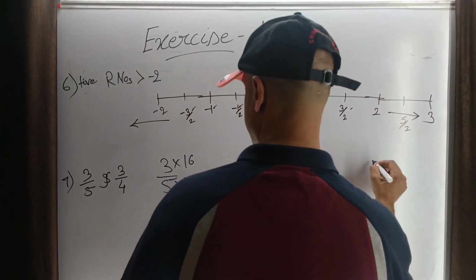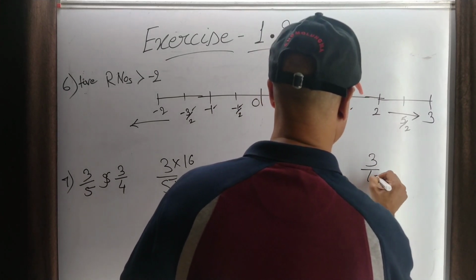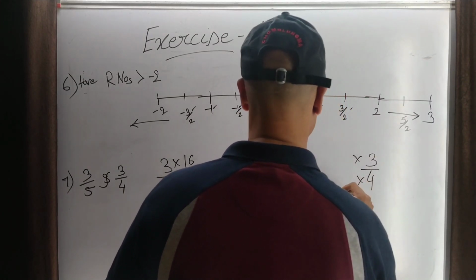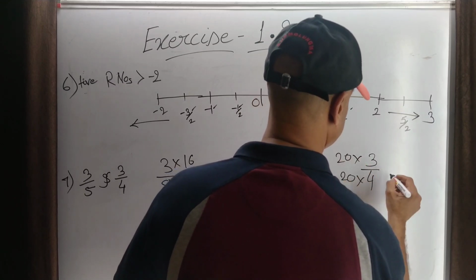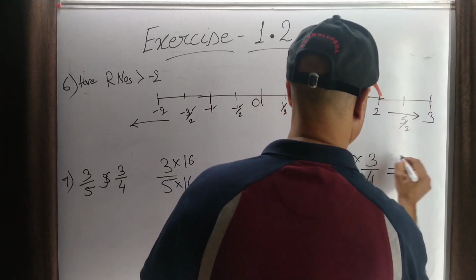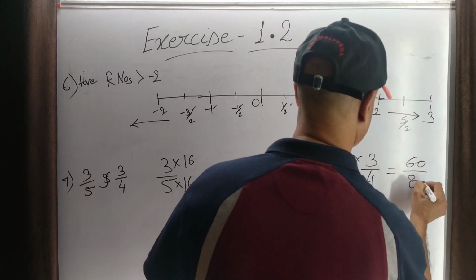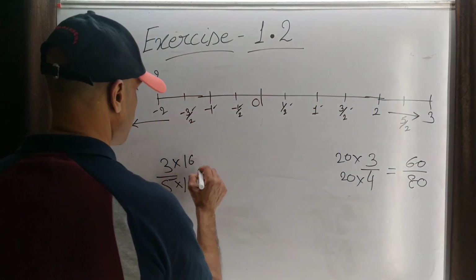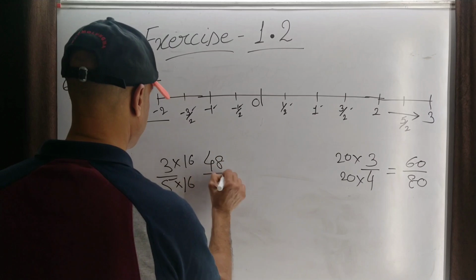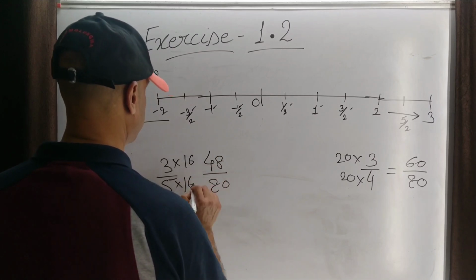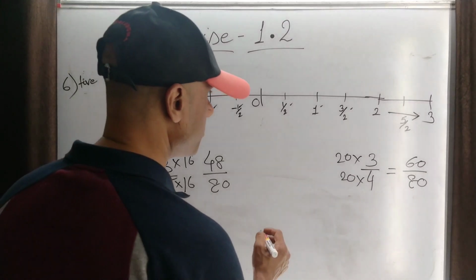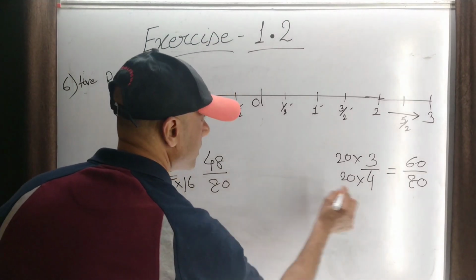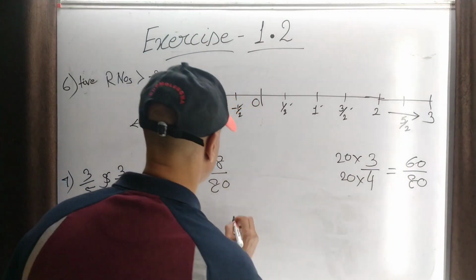For 3/4, we multiply here with 20, here with 20, so that we get 60/80. Okay, and here we get 48/80. So 48 and 60, between that we have to find out.